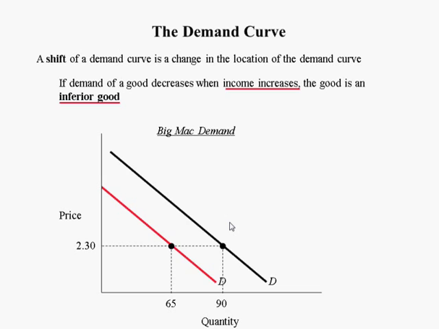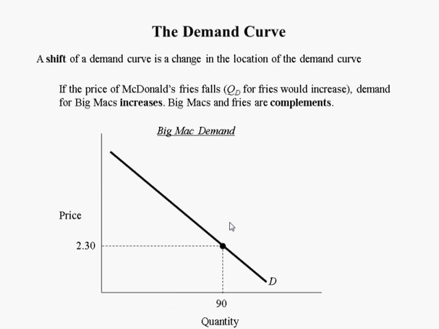Now, if the price of McDonald's fries falls, right? If the price of fries is falling, the quantity of fries is increasing. So as you buy more fries because the price fell, you're inclined to buy a Big Mac with the fries. That's why McDonald's has value menus.